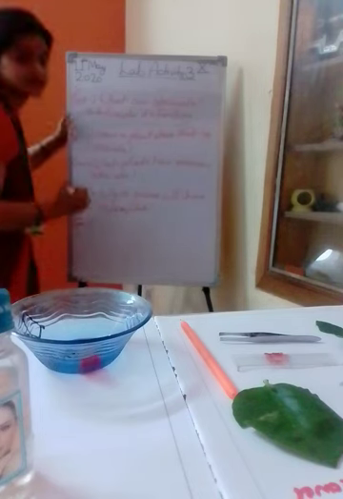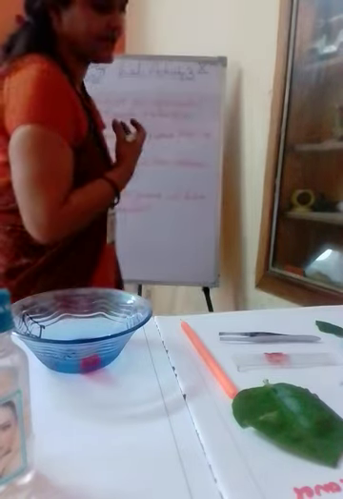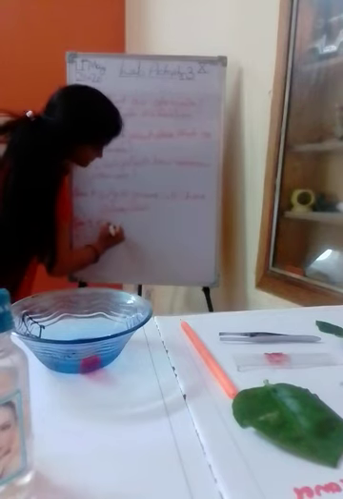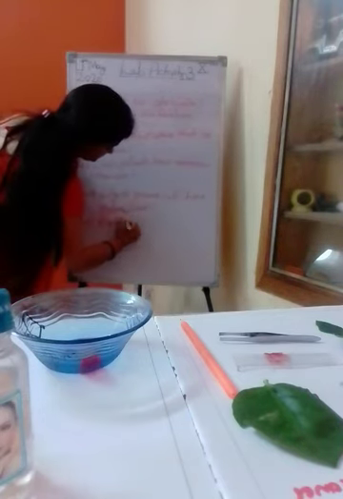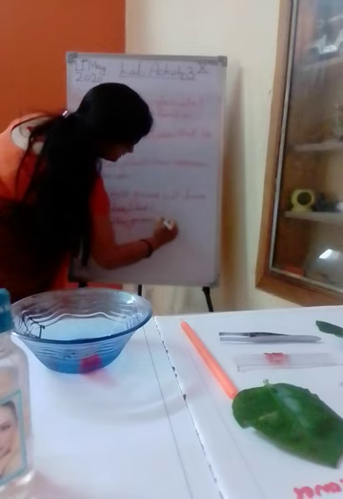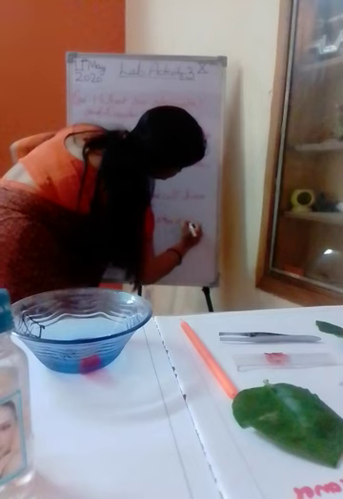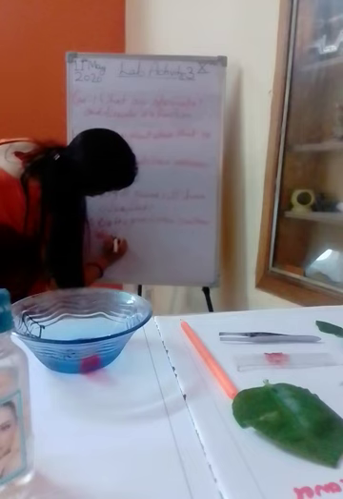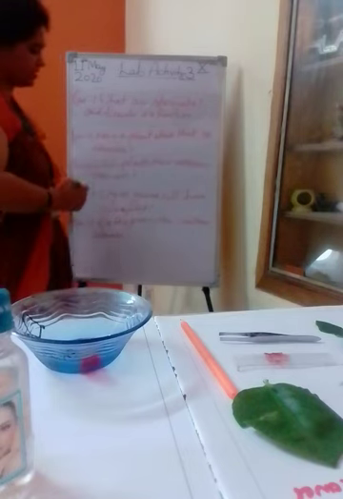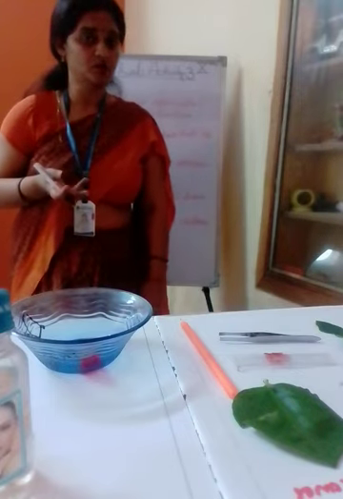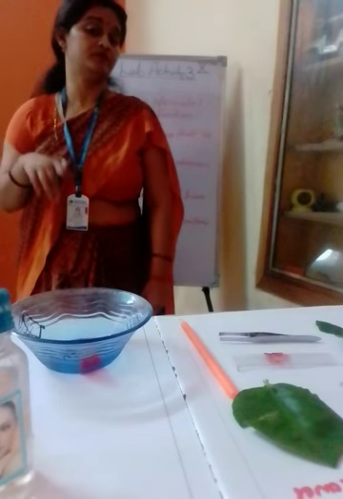Now the last, fifth question. Do the green stems contain stomata? Stomata are present on the leaves and on the stem also, or on the other soft parts of the plants also.